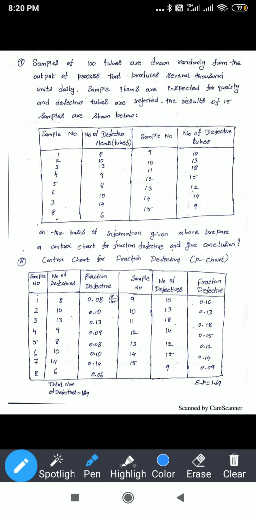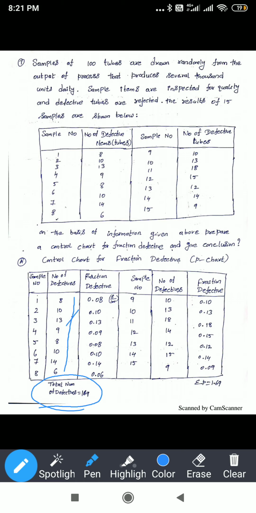Total number of defectives is 169. In the first sample 8 defectives, in the second sample 10 defectives, in the third sample 13 defectives.